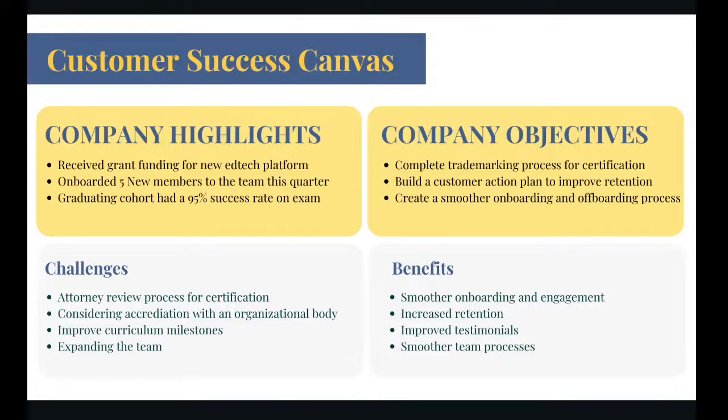And then let's take a look at the challenges and the benefits of what that would look like for the customer. In your business, this might look like analyzing the attorney review process. It could be considering accreditation, building out more team members, hiring more support staff. This could also look like looking at the benefits, right?